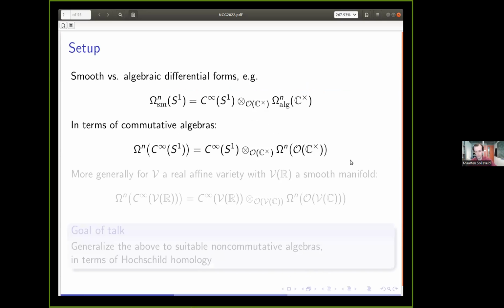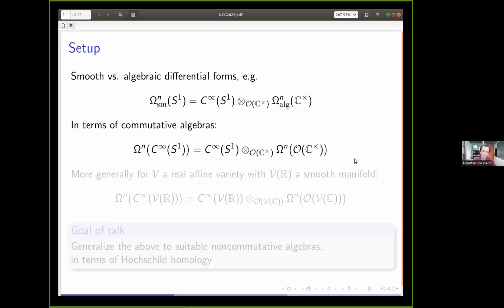First, I want to look at a simple situation where you can compare, on the one hand, algebraic objects with, on the other hand, objects from differential geometry. In particular, I'm thinking of differential forms.